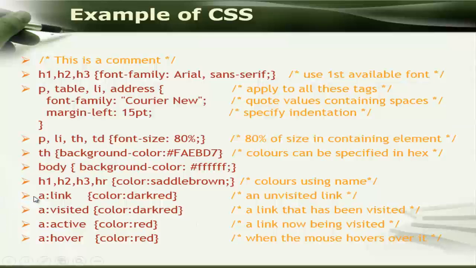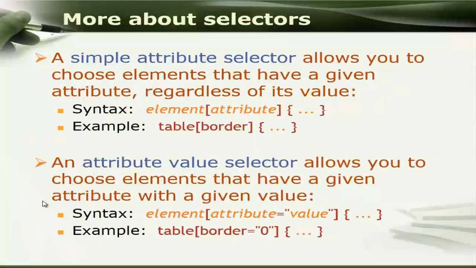So these are applicable within a specific scenario or a specific situation. All of them are applied to the anchor tag, but at a given situation, one of them will be active, and that is the way in which you can supply the pseudo tags. We will look at the pseudo selectors slightly later.